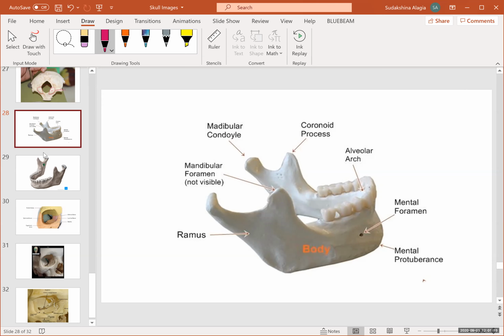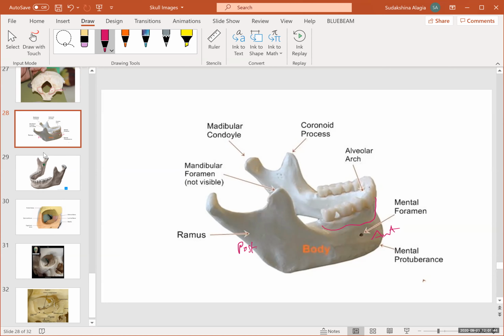So, mandible. This is the anterior part of the mandible. That's the posterior part. The anterior portion beside the alveolar process, which is right here. Alveoli, tooth sockets.